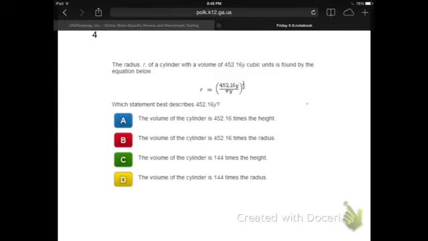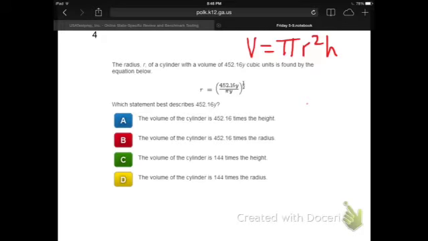Number 2, the radius of a cylinder with a volume of 452.16y cubic centimeters is found by the equation below. Which statement best describes 452.16y? And I found this one difficult, so I went to the formula sheet and I found out the volume for a cylinder was pi times radius squared times h.